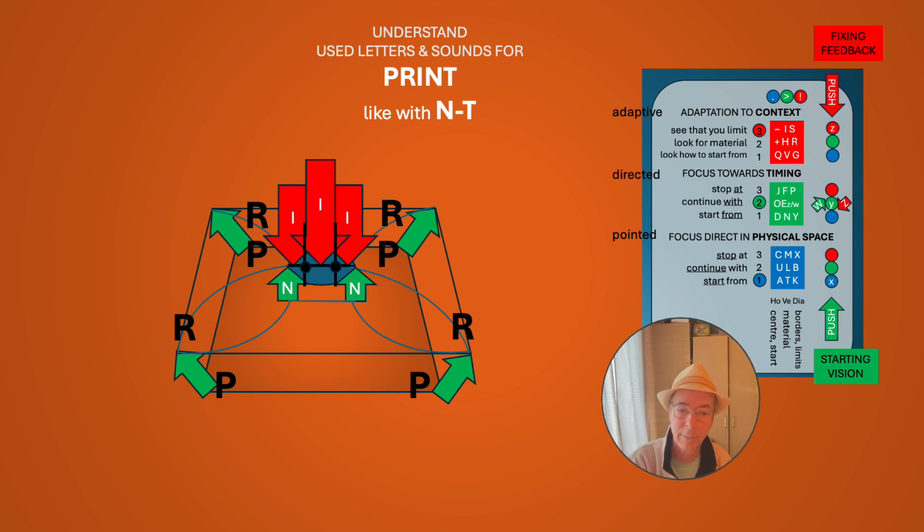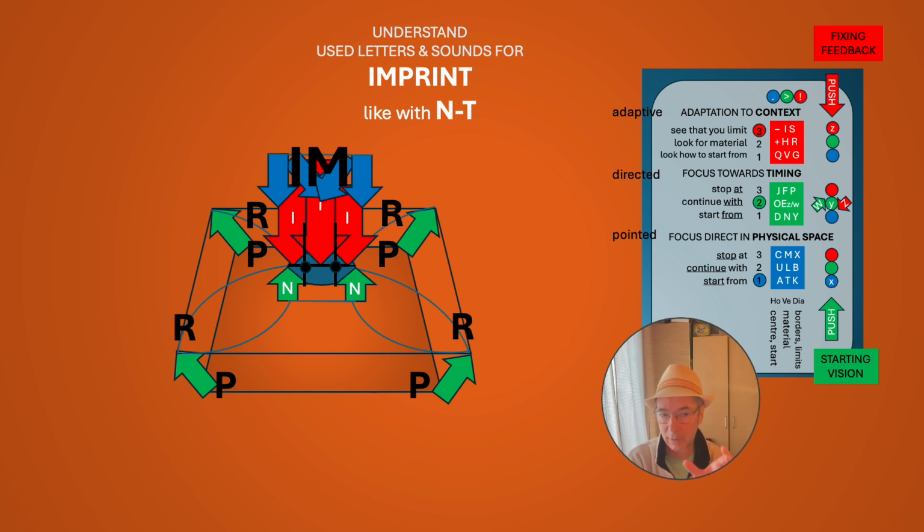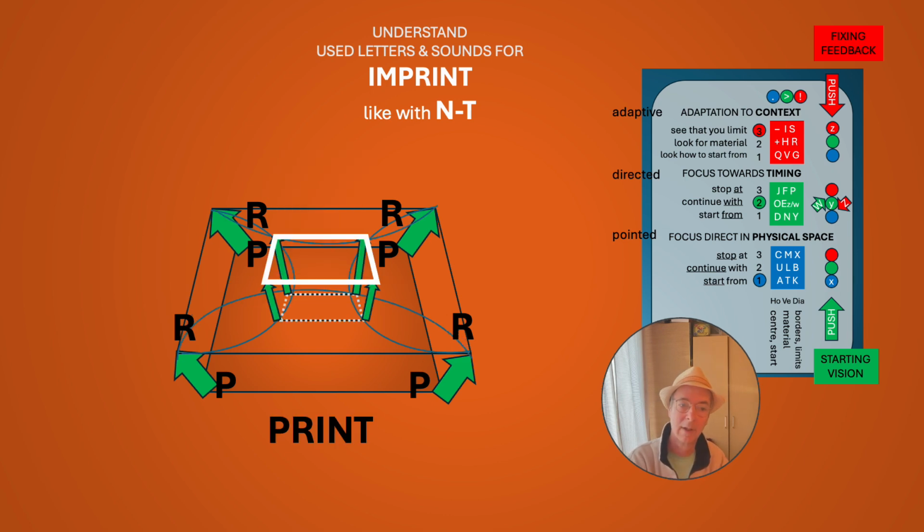The separate form has certain distinctions within that area. That is print. I can also use it with a little bit more focus, so that you add even more physicality to it with that imprint.